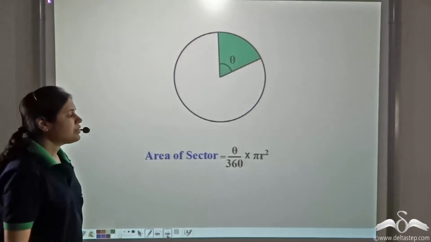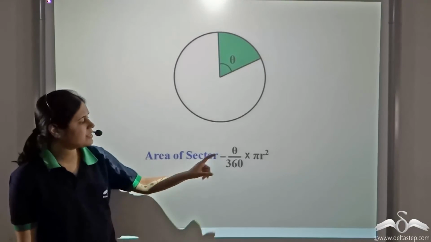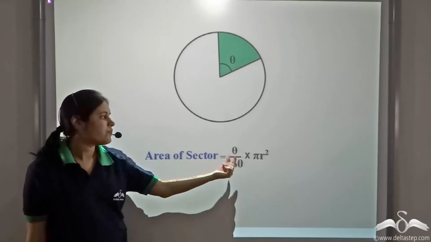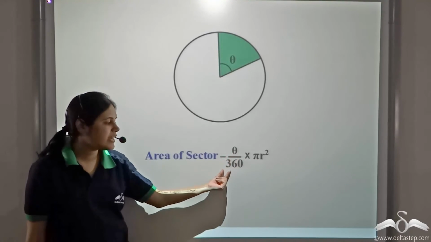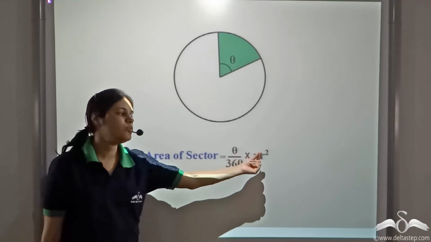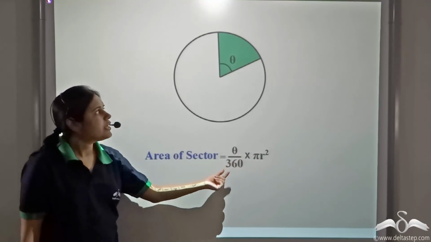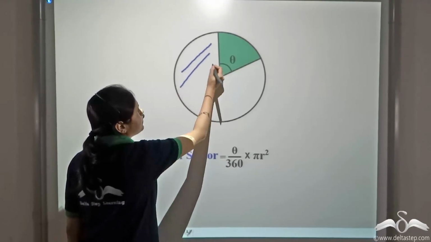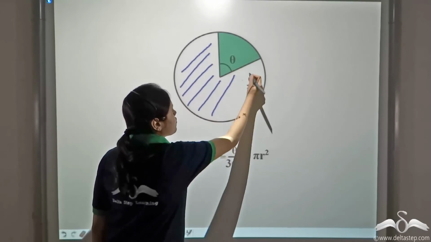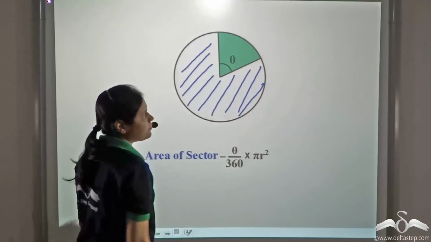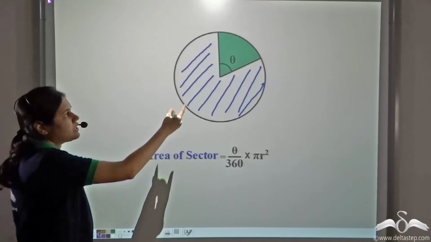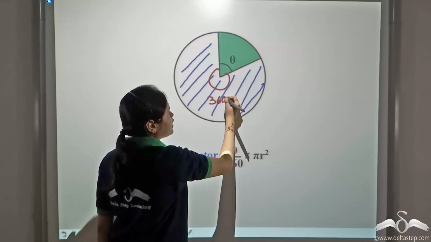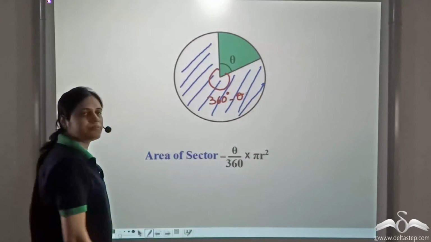So we have seen that the area of a sector is given by theta by 360 into pi r square. That is the central angle divided by 360 degree into the area of the circle. Now, what if we want to find the area of this sector? So what if we want to find this area? If we know theta, we know that this angle is 360 degree minus theta.